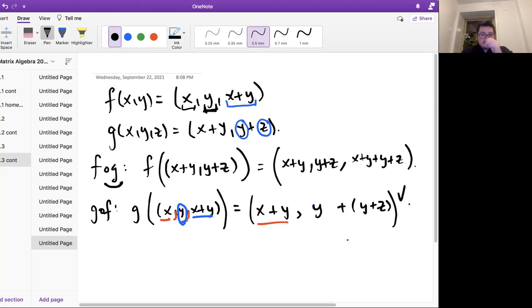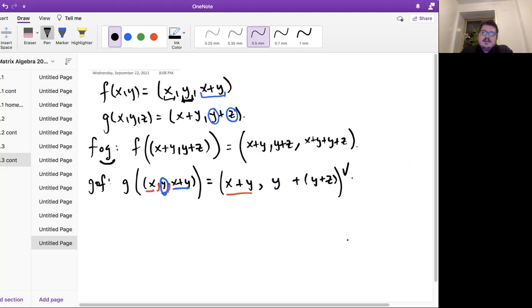I'm getting bogged down by the specifics, but the idea is that the output space of your first one needs to equal the input space of the second one.